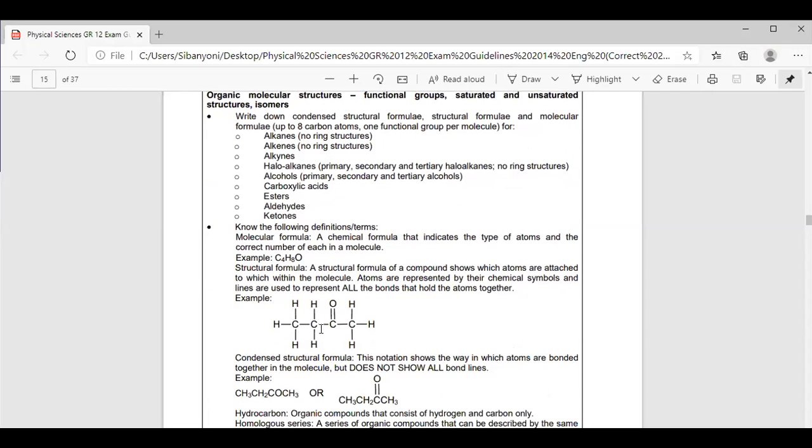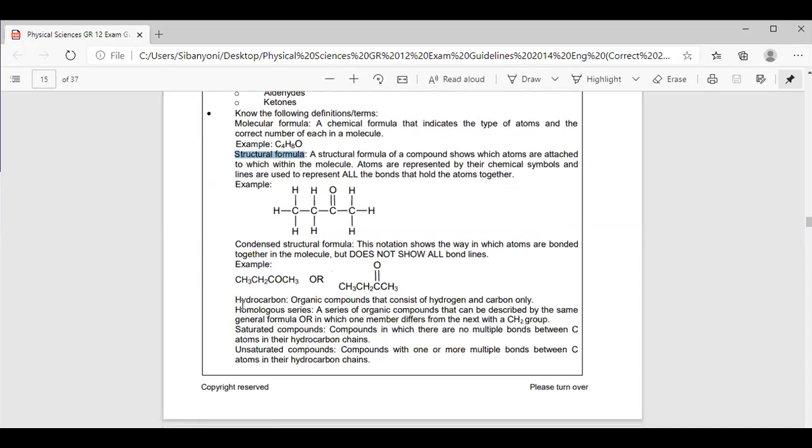Then, more definitions that we must know is the definition of molecular formula, the definition of a structural formula, and how to define the term hydrocarbon, homologous series, saturated compounds, and unsaturated compound.